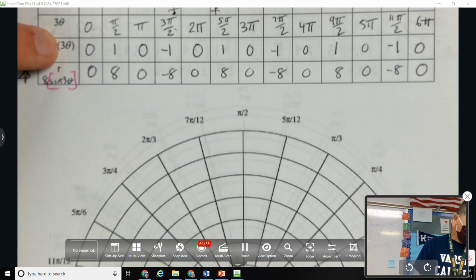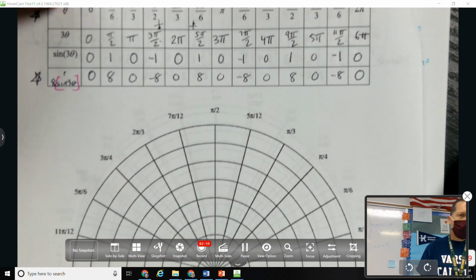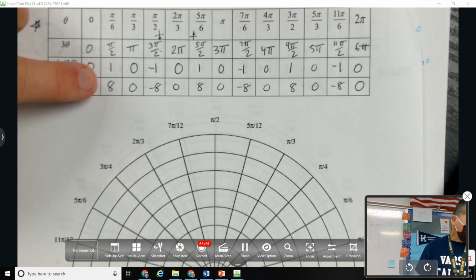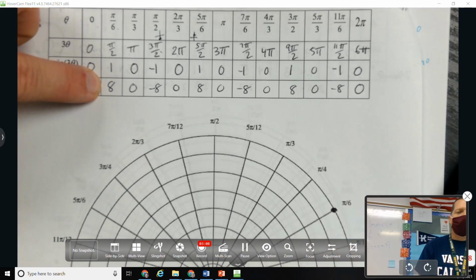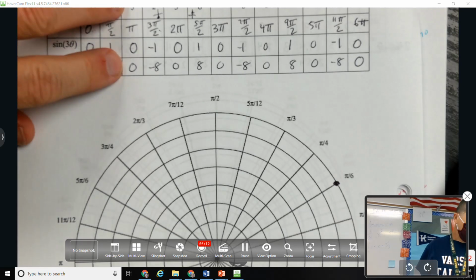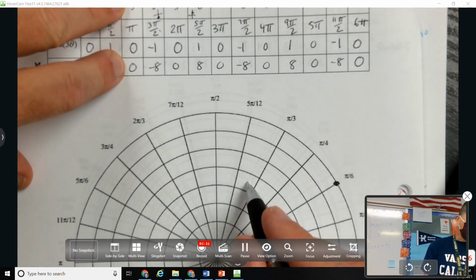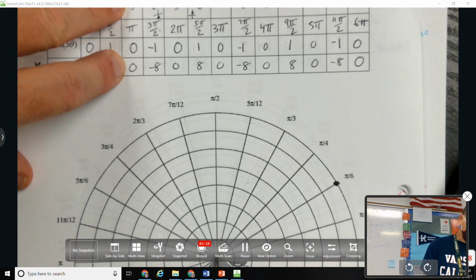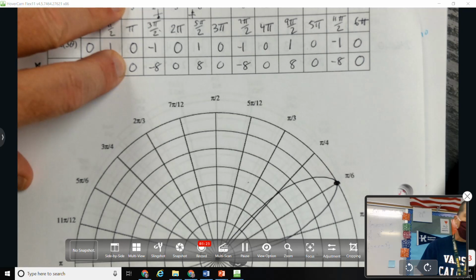So 0, 0, that's just at the origin. That doesn't really help much. Pi over 6, comma 8. I'm going to guess that's one of the edges of the petals right there. Pi over 3, comma 0. So that means between 0 and pi over 3, we went out to 8 and came back into 0.